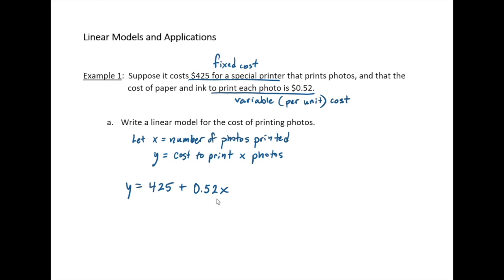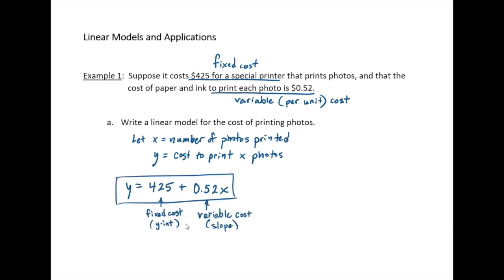We have one x term and one constant term. So the coefficient of x, the 0.52, is the slope. And that makes sense because that's the per unit cost. That's how much the cost changes each time we increase x by 1. And the constant term, the 425, is the y-intercept because that's the fixed cost. That's the cost before we print any photos at all. So that would be the cost when x is equal to 0 in this model.